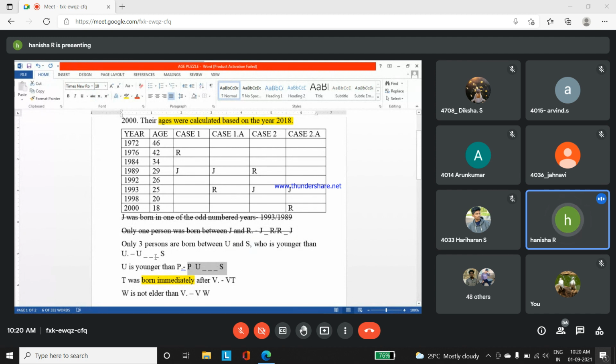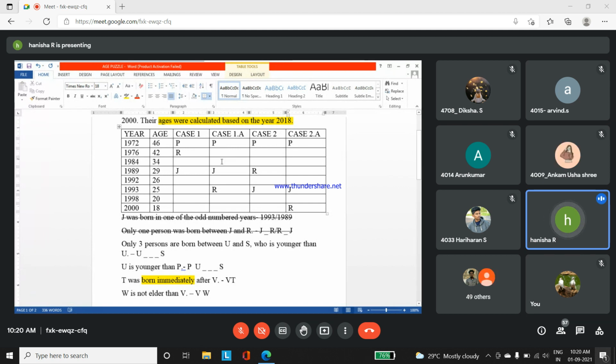If you put U over here, for example, you will not have any space to mark P, because they have given the next clue that U is younger than P, so you should mark P over there. The possibility is marking P over here. Similarly, I'm following the same for all the cases, marking P in the space of 1976.